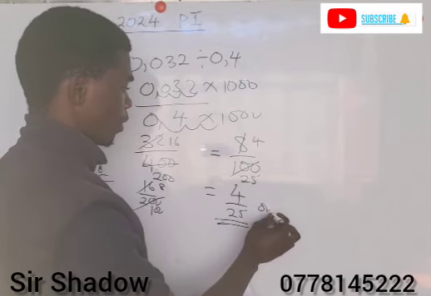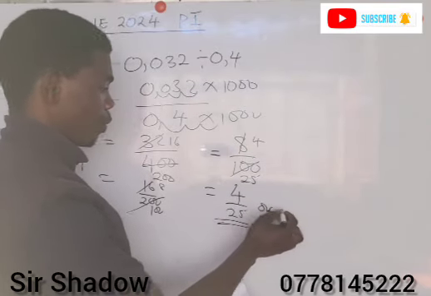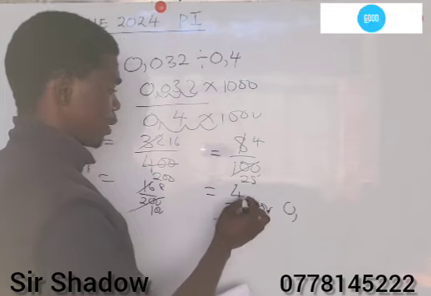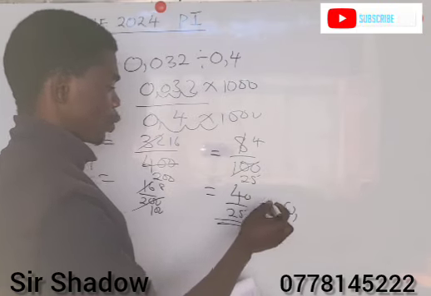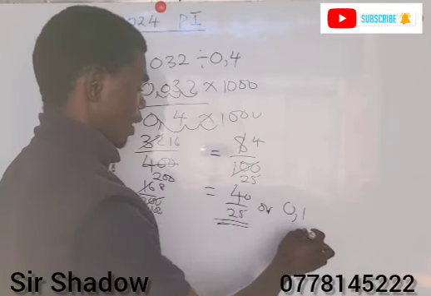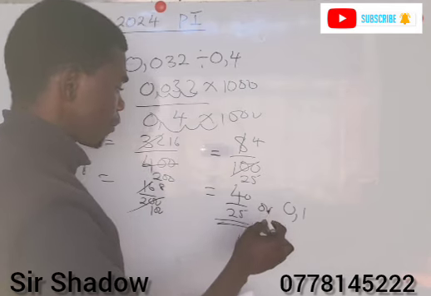It will be 25 into 4, 0 comma, 25 into 40, which is 1, remainder.